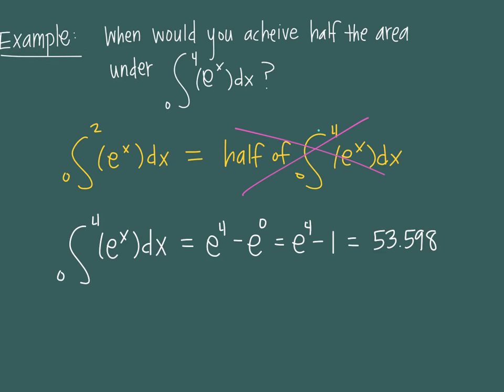So our question is 0 to something, and we don't know what that something is. And so we're going to call it k. It's not 2, I can tell you that. Okay, it's not going to be 2. So 0 to something needs to get me halfway to 53.598.